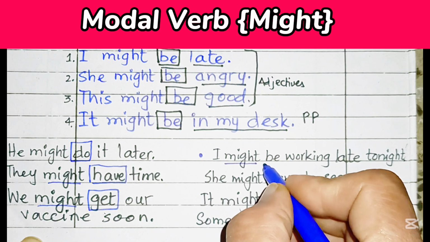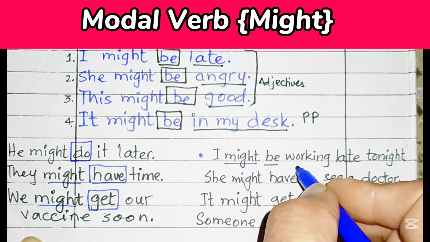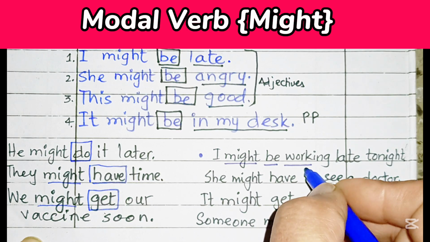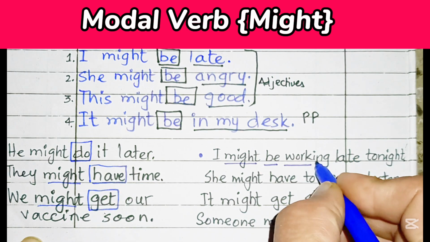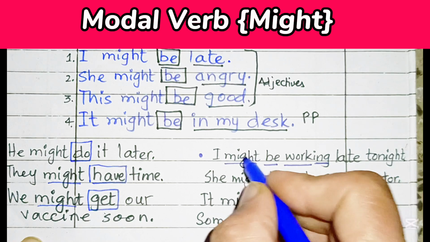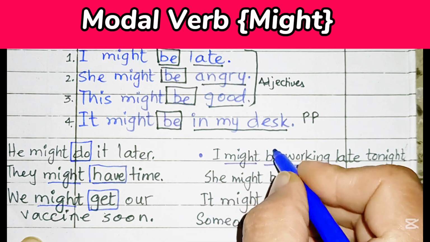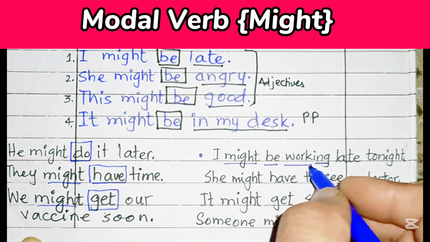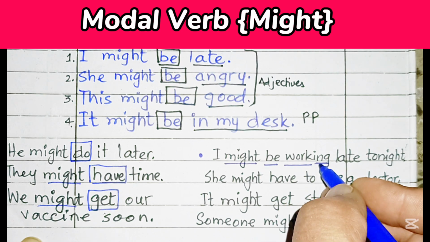Here is the verb be, and then the verb work has the ing ending. So the modal verb might is followed by the verb be and the main verb work with an ending that is ing.